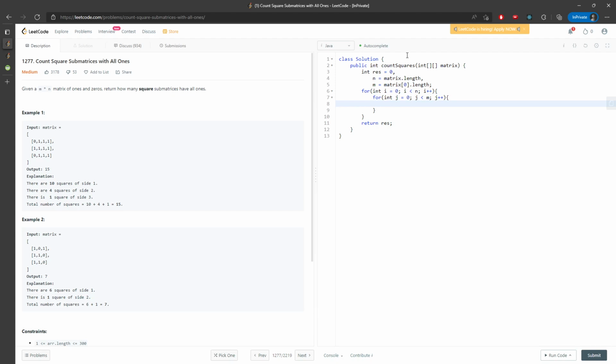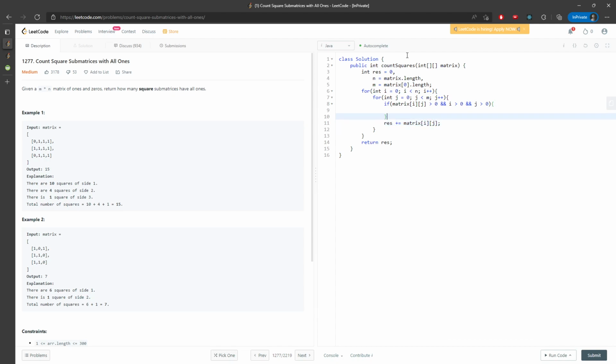Let me check if matrix at i and j is greater than 0, and also i is greater than 0, and also j is greater than 0. You need to do something else. What happens if they are equal to 0, or i equals 0 or j equals 0? You just add to the result.